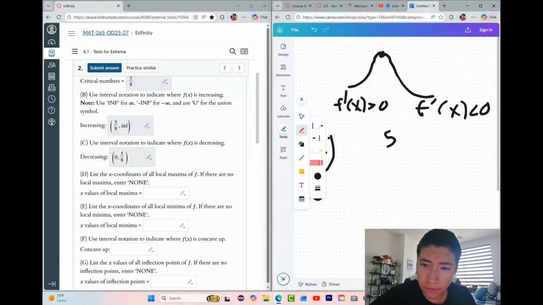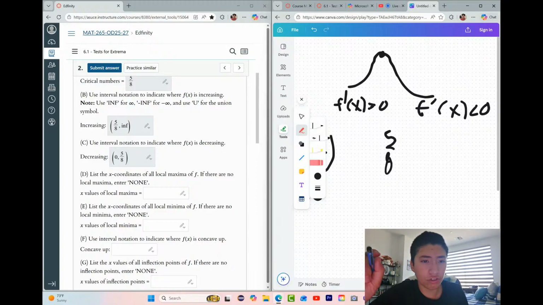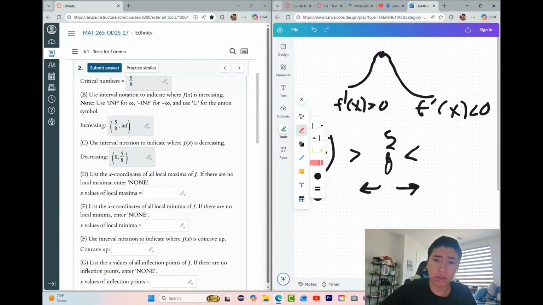We had 5/8. We have to check whether on the left of this it was positive, and then as we passed 5/8, we got to a negative slope. All right, this notation is super inaccurate, but it helps me understand. So on the left we had decreasing right here.